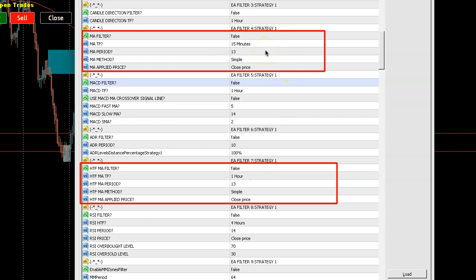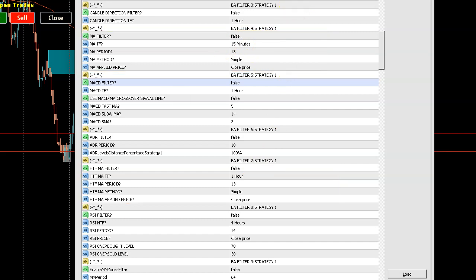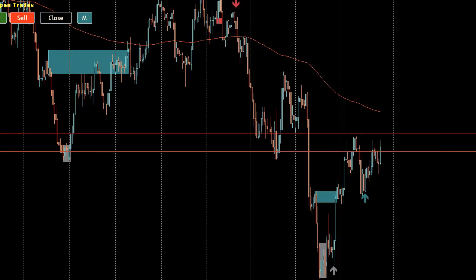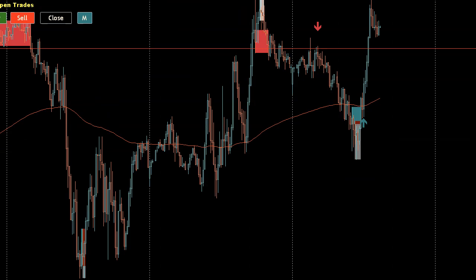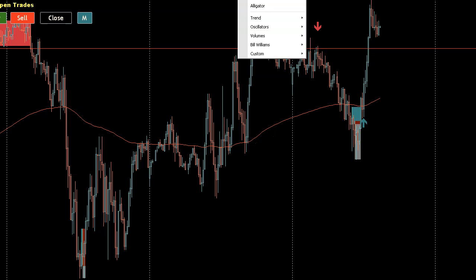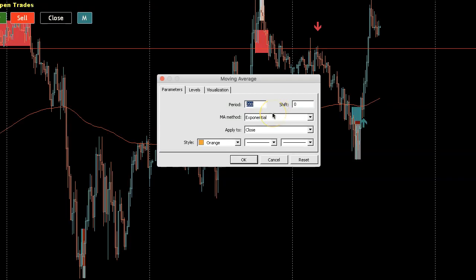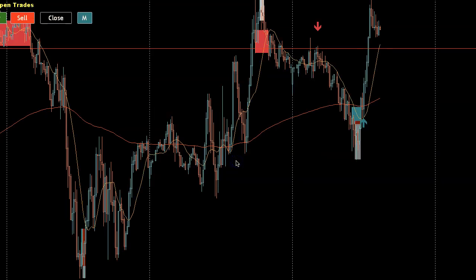You can also use it on a small time frame, right? So again, it's all about being creative in here. If I go to 15 minutes, then I can use the 200 moving average as a trend on the same time frame, and then I can add in here the 13 simple, and you can do that as well.